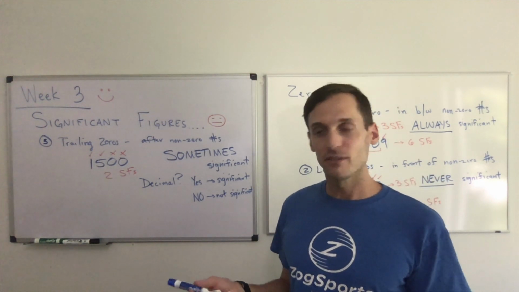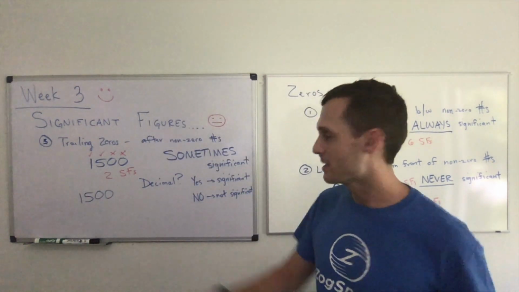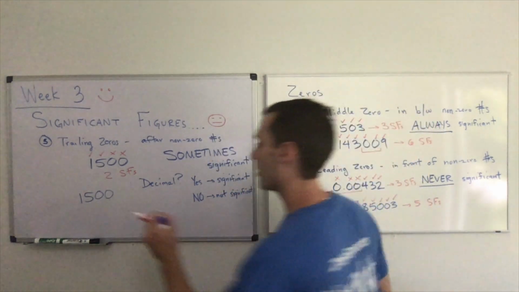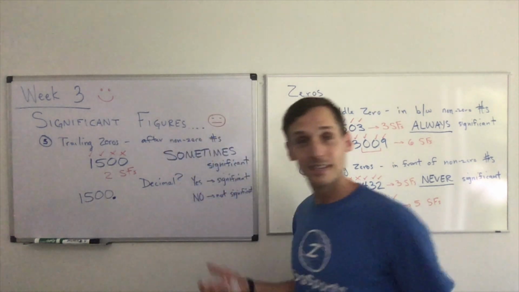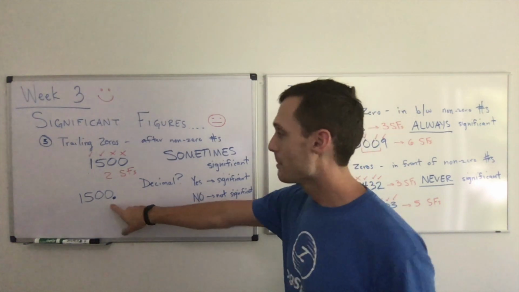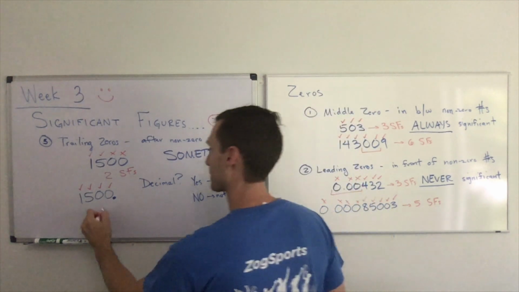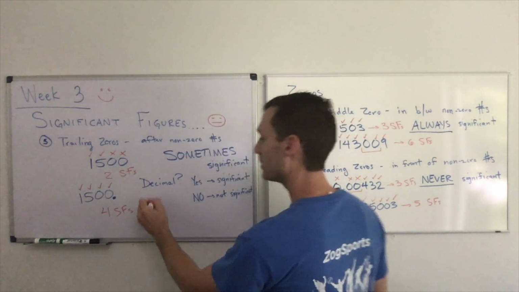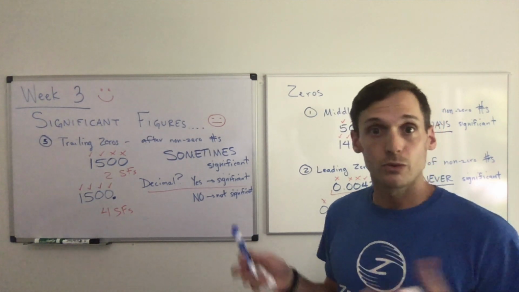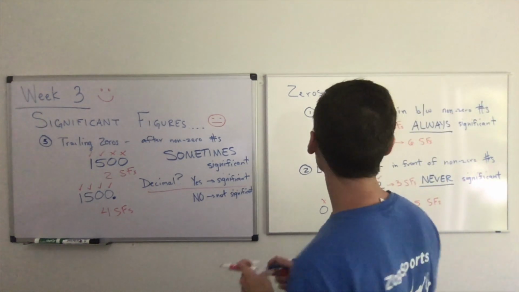If we still want it to be 1500, what could we do to this number to make those zeros significant? Great, all you have to do is add a decimal, right? So that doesn't change the value of the number. It's still 1500, but now you have 1, 2, 3, 4 sig figs simply because there is a decimal point, okay? So those are all the rules. Let's just see if we can do a couple to apply all of these rules.